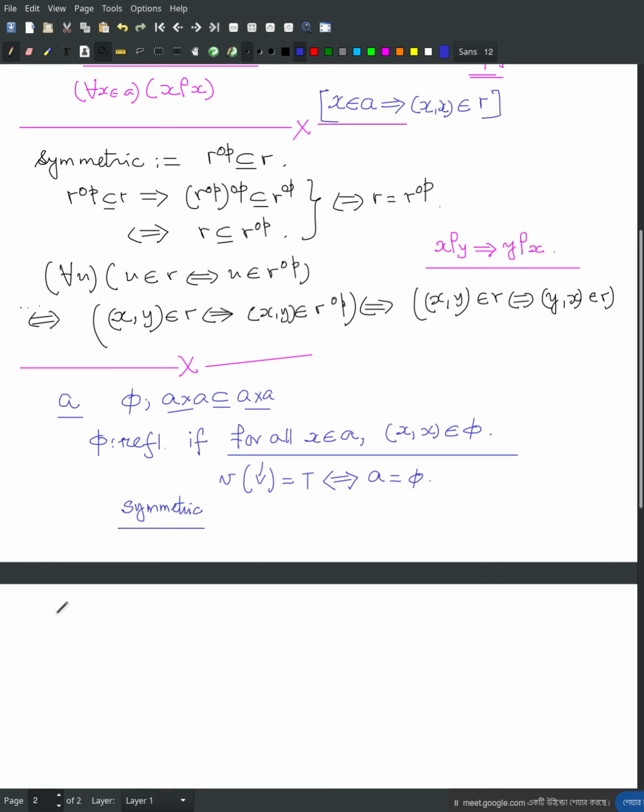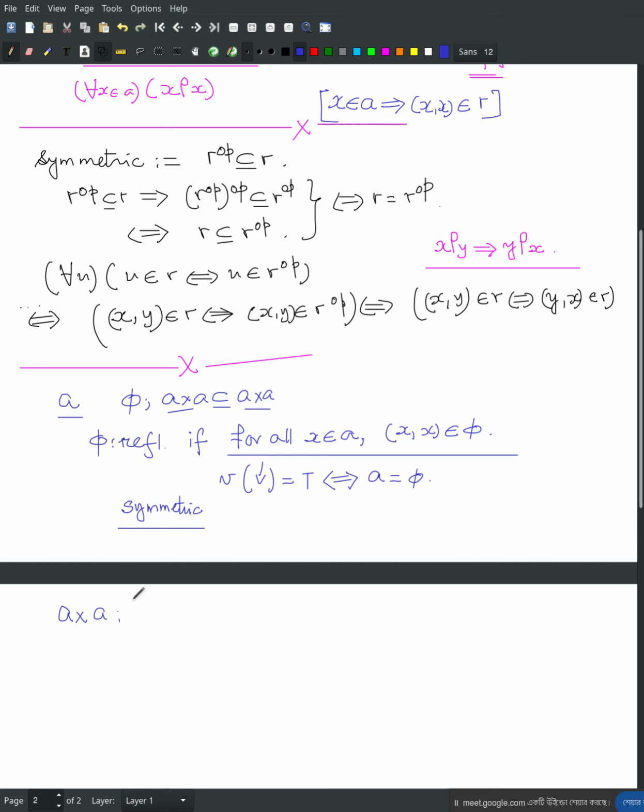Why? What do you mean by restricted? A cross A is the whole relation on A, right? Yes, the whole relation on A. So, okay, I'll say if, for instance, we have more than one element in A, yes.